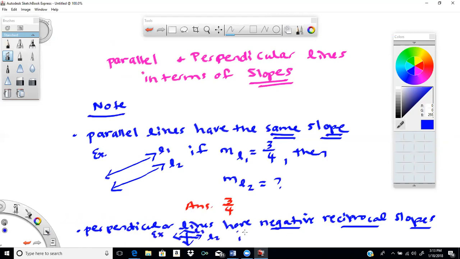That means that if the slope of line 1, let's say, is negative 3/4, then the slope of line 2 is equal to what? We said that perpendicular lines have negative reciprocal slopes. When I say negative reciprocals, that means they have the opposite sign, and reciprocal means you flip it. So the opposite of negative is positive, and then you flip the 3/4, so that'd be a positive 4/3. You want to keep that in mind when you're dealing with any application problems in reference to parallel lines and perpendicular lines.